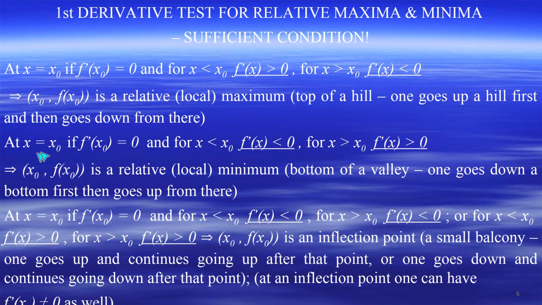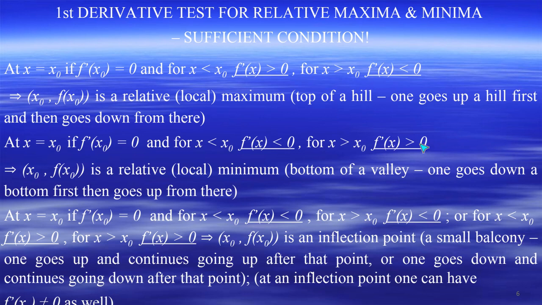If, on the contrary, at x equals x0, at this very point, f prime of x0 is 0, the first derivative is 0, the movement stops for a moment, for an instant. And for x less than x0, f prime x is negative, and for x greater than x0, f prime x is positive. It means we first descend, and then ascend.